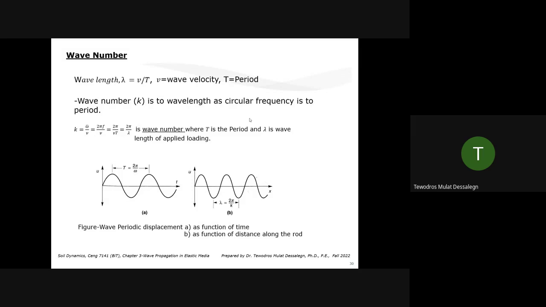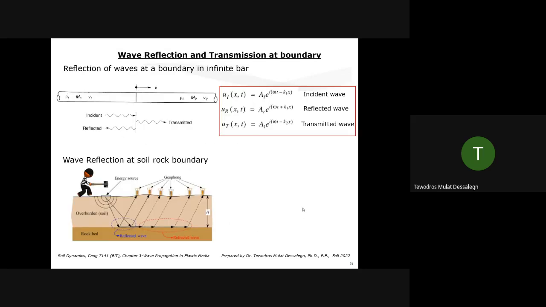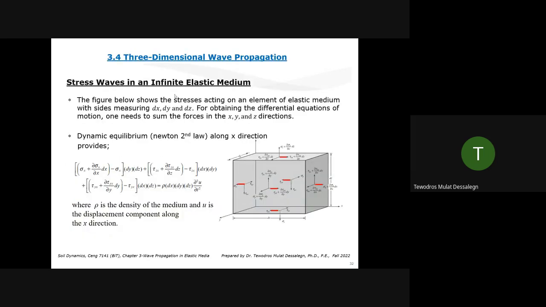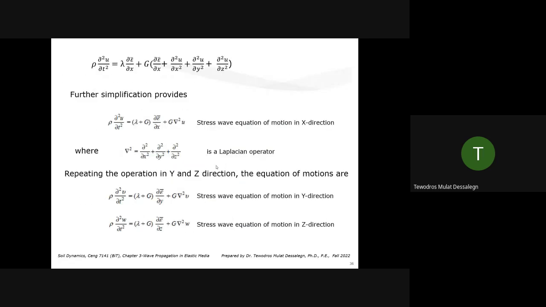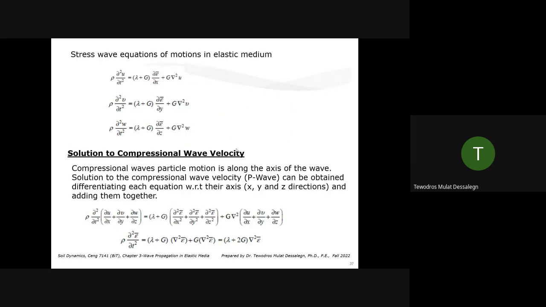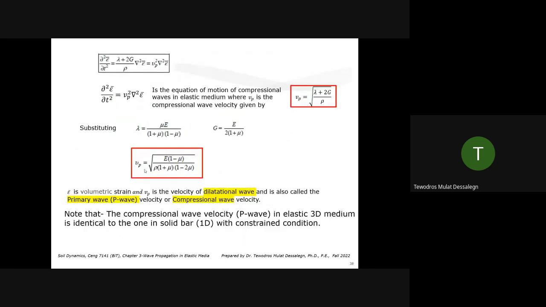More parameters of a wave: a wave number and a wavelength. And similar to the 1D partial differential equations, we also looked at the three-dimensional wave propagation and arrived at the three-dimensional wave propagation equations. And they also provided the same shear wave velocity and P wave velocity for the wave.